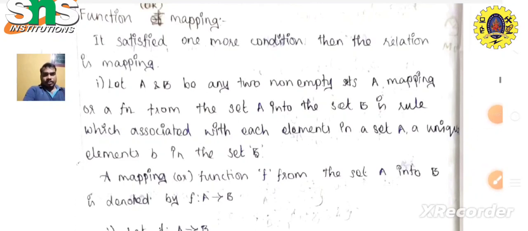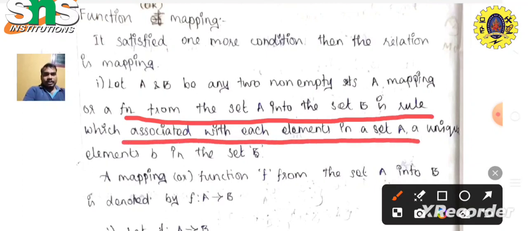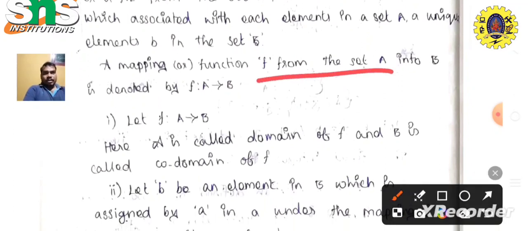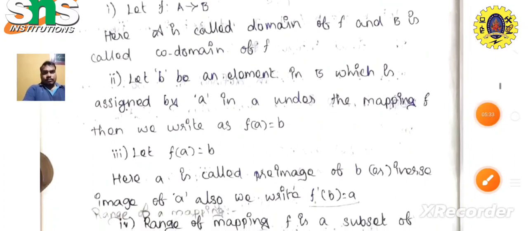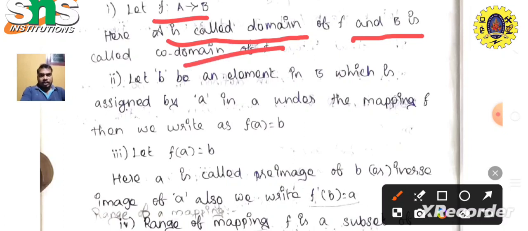A function from set A into set B is a rule associating each element in set A with a unique element in set B. A mapping or a function f from set A into B is denoted by f from A to B. Let f from A to B, then A is called the domain of f and B is called the codomain of f.